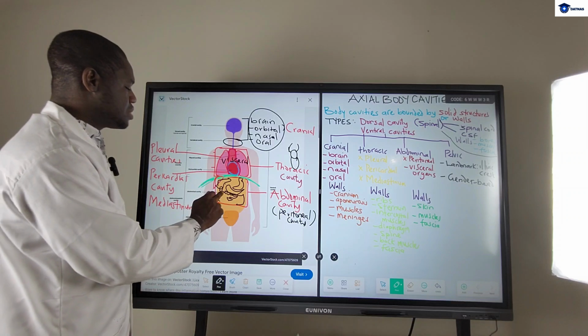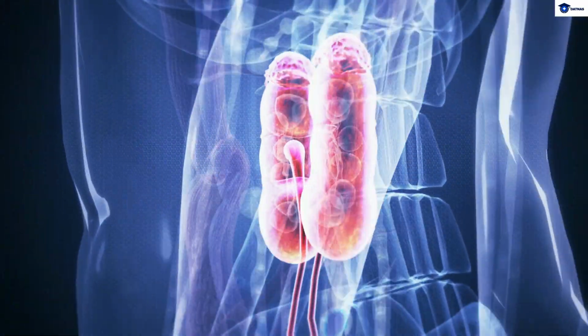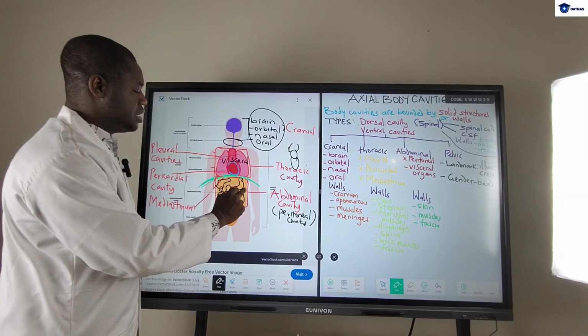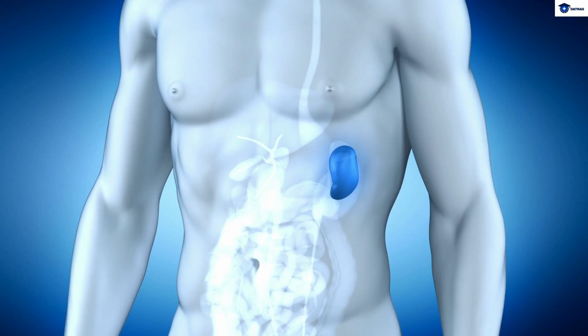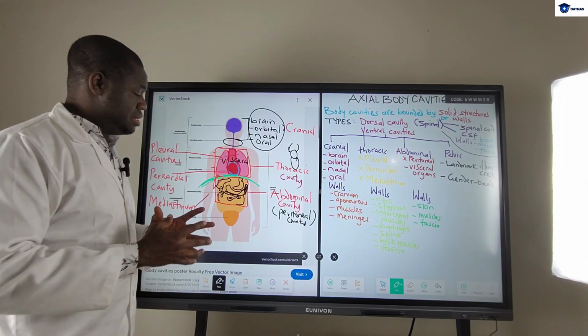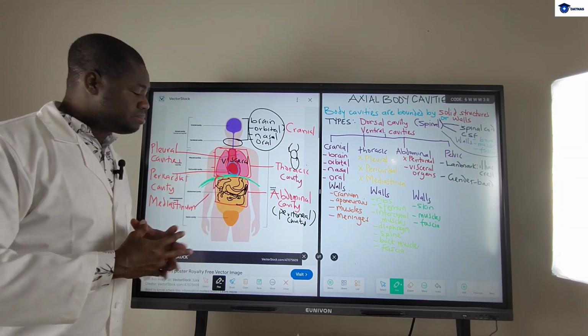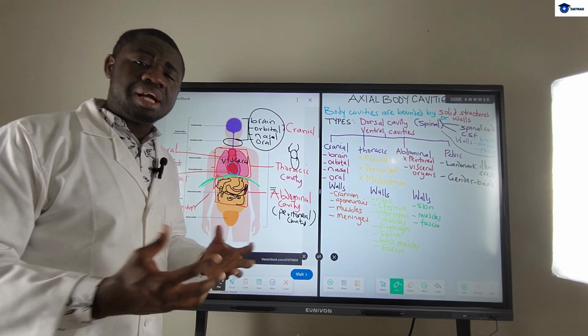We have the kidneys, we have the spleen, and so many other structures that we cannot see superficially. What are the walls that form the abdominal cavity?